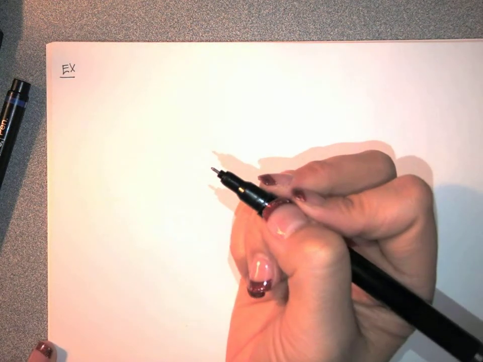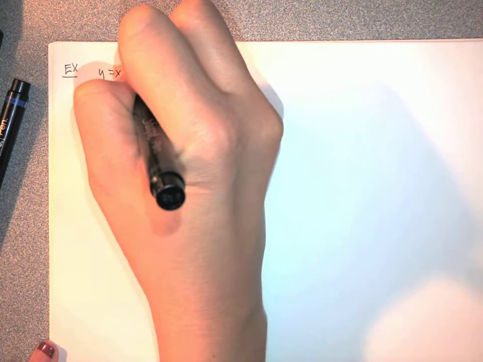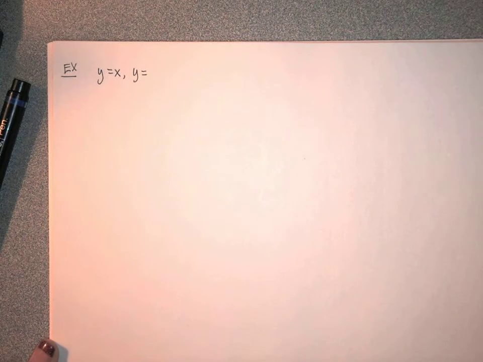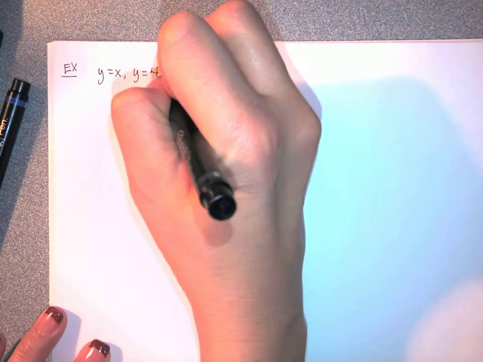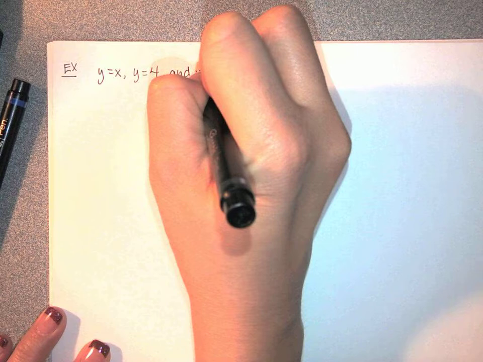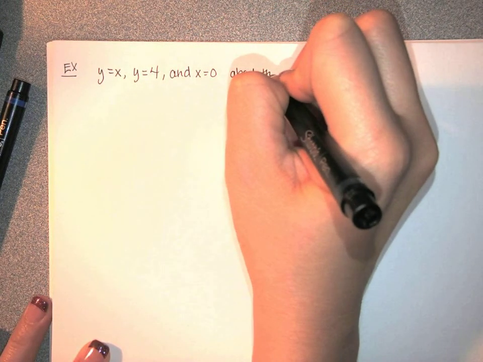So let's say we want to use the theorem of Pappus to find the volume of the solid of revolution found by revolving the region bounded by y equals x, y equals 4, and x equals 0 about the y-axis.